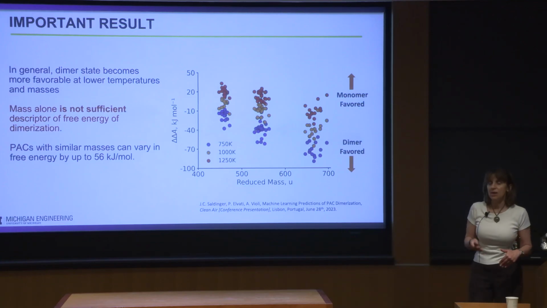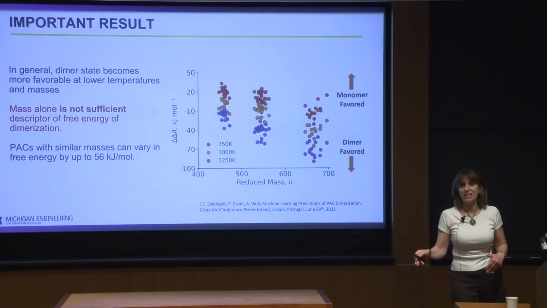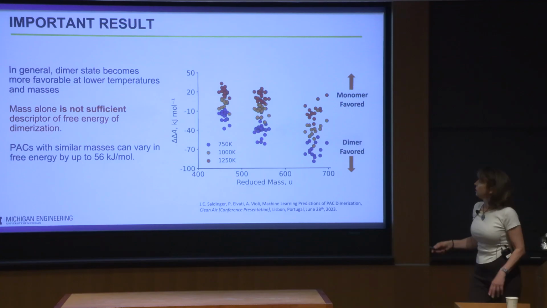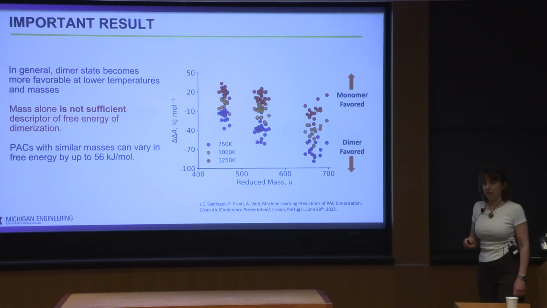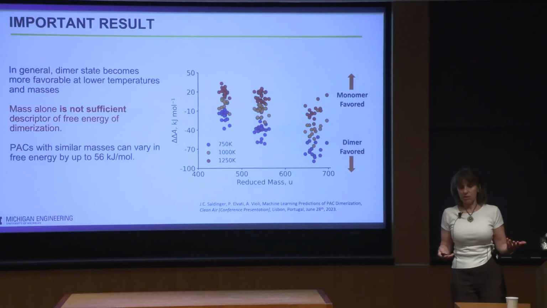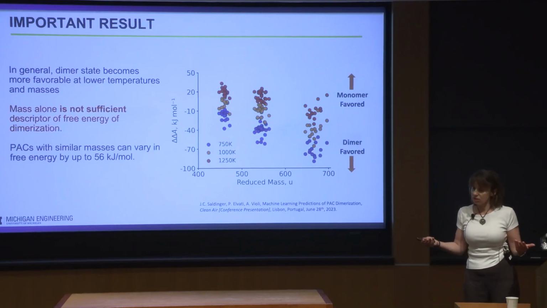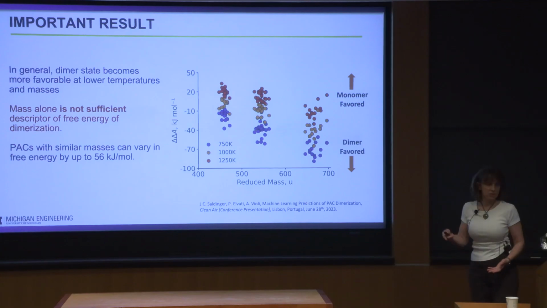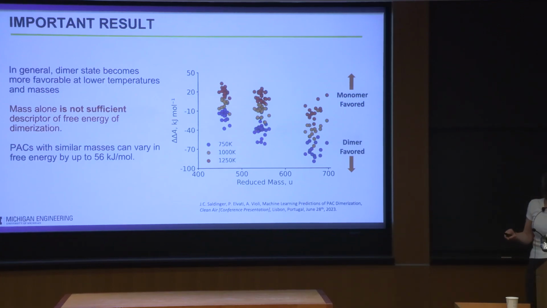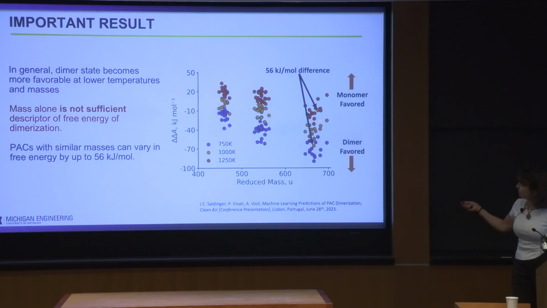Again, why do we care? Because once we have a free energy, you have a rate. So what this is telling you is that mass is not enough. If I go back and I say, what is the collision between two PAHs, you cannot say reduced mass. You have to tell me something that is a little bit more complicated based on those MD results that you saw before.